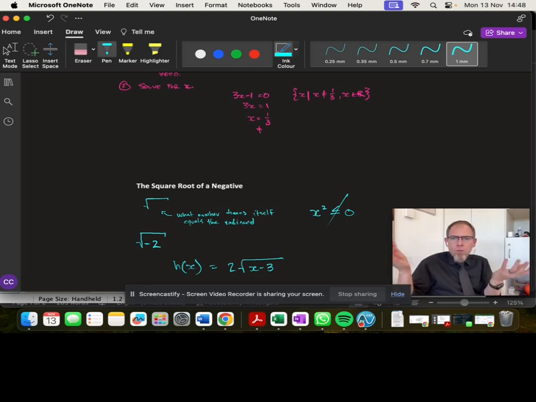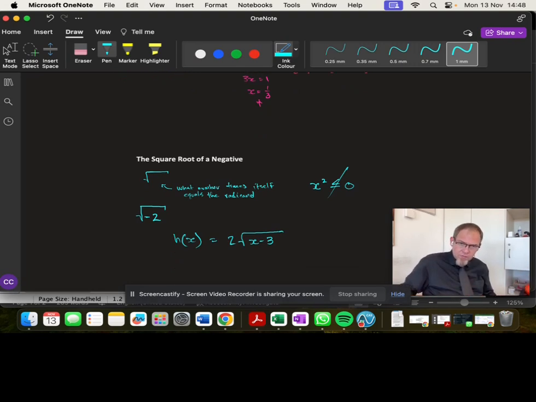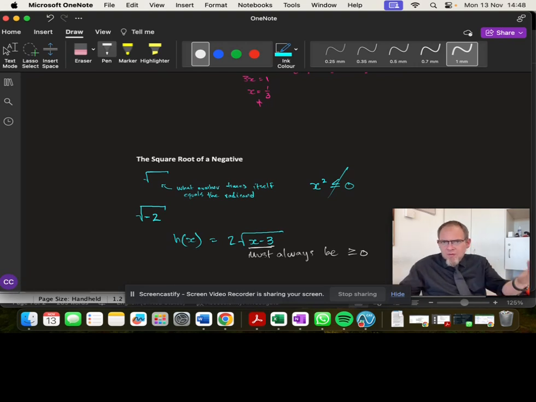Well, what we need to figure out is what happens if this gets below 0. So this value here always has to be greater than or equal to 0, because we can take the square root of 0. The square root of 0 is 0. But as soon as we dip below 0, we're in trouble.